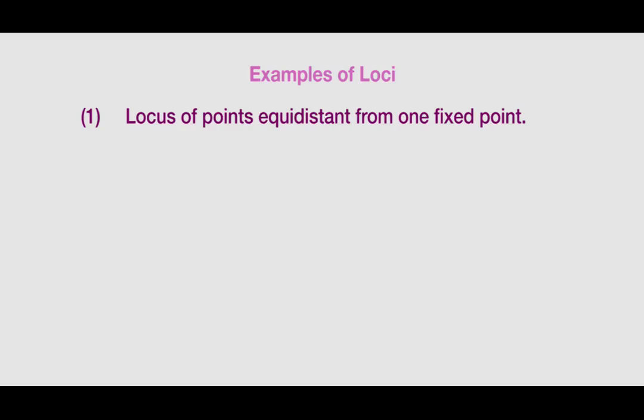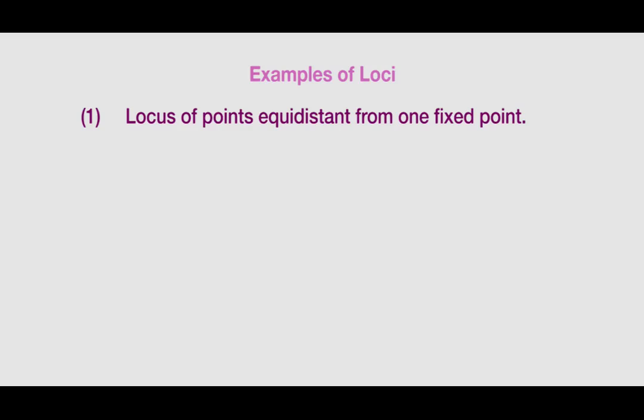A locus is a set of all points whose location satisfies one or more specified conditions. The plural of locus is loci. Let's see some examples of loci. 1.